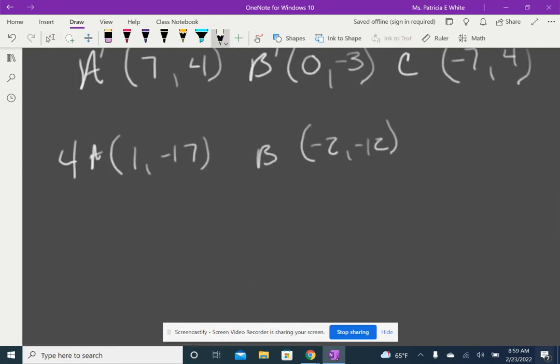So if A is 1, negative 17, then A prime is negative 1, positive 17. B prime, negative 2, negative 12 gives me a positive 2, positive 12. Okay.